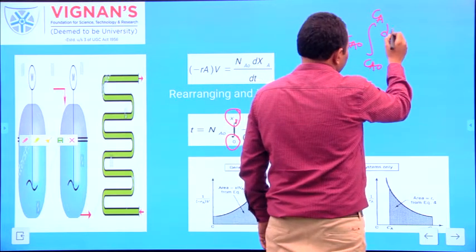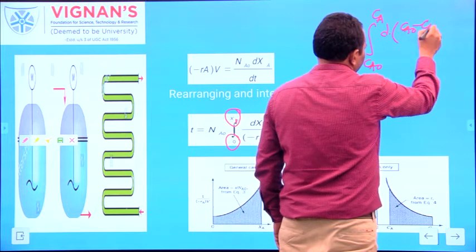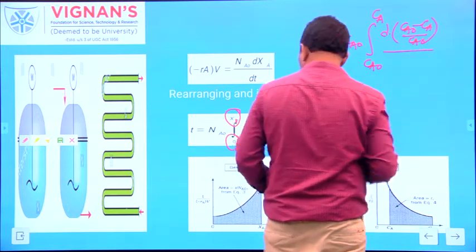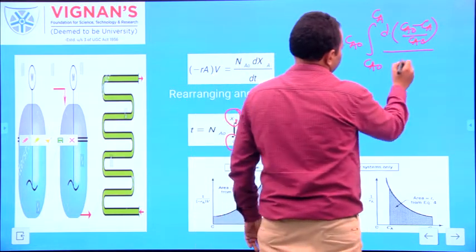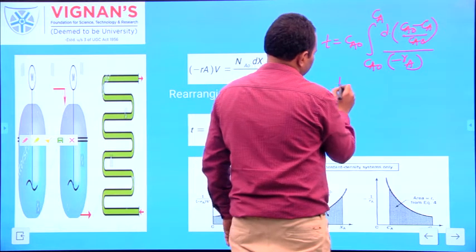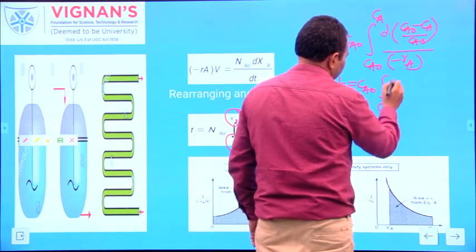So here, what is XA? XA is equal to (Ca0 minus Ca) by Ca0, divided by minus Ra. From this you can write t is equal to Ca0 into the integral from Ca0 to Ca.